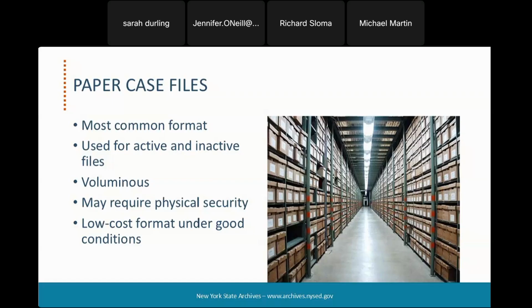They also may require special physical security, so you may need to lock them up, for instance, to limit access if you don't want people accessing confidential information. Also keep in mind that if someone pulls a file, they may lose it, it may get misfiled, so essentially that file is lost forever.